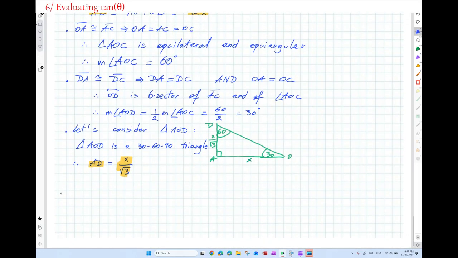The tangent of theta, which is the opposite over the adjacent, would be x over square root of 3 divided by 2x.